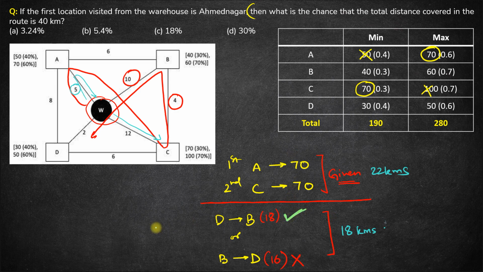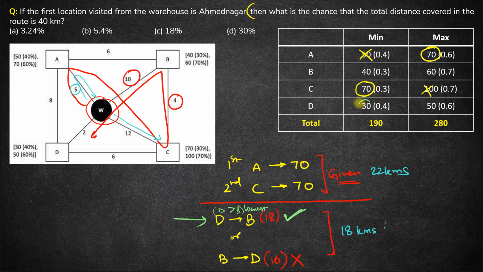Okay. So we want to calculate the probability of this case that the person goes to D first and then B. Okay. So the demand at B should be the lowest possible and demand at D should be greater than that of B. Fine. So let's see. Now demand at B can be either 40, 60 and demand at D can be 30 and 50. So this demand should be greater than B's demand.